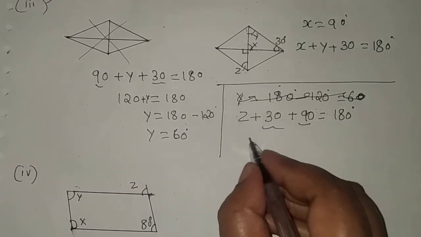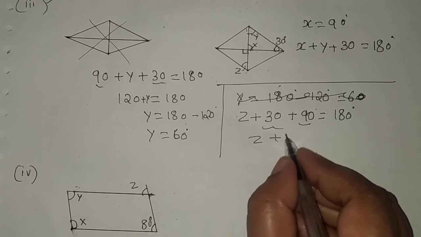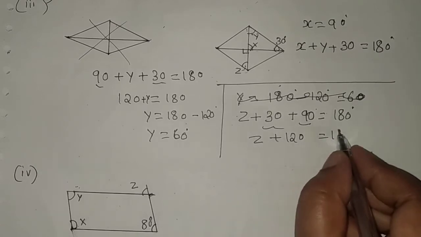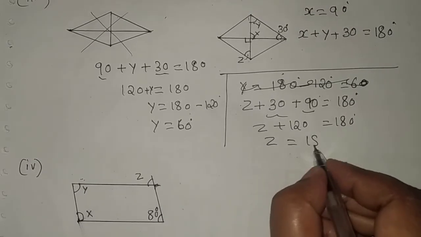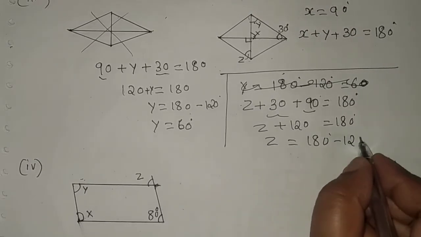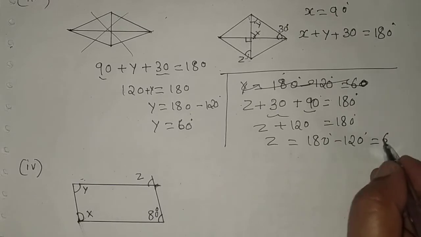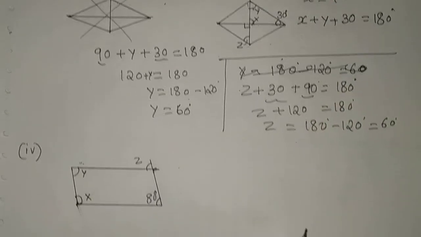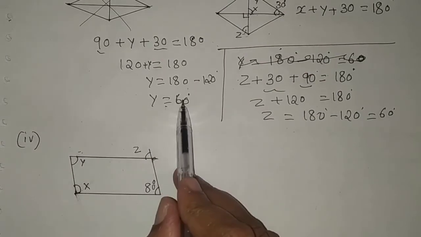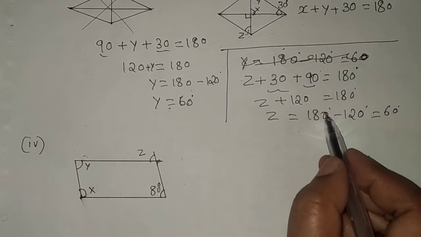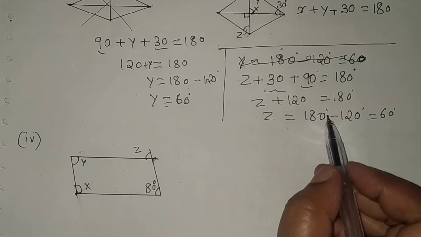Therefore add this same thing, Z plus 120 is equal to 180 degrees. Therefore Z is equal to 180 degrees minus 120, which is equal to 60. So we got X also 90, Y we calculated 60, then Z we calculated 60.